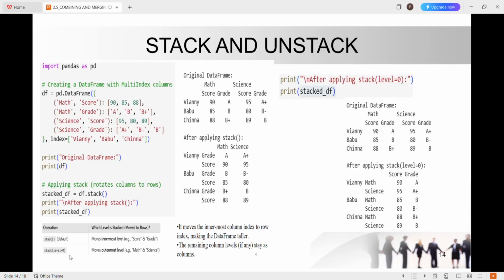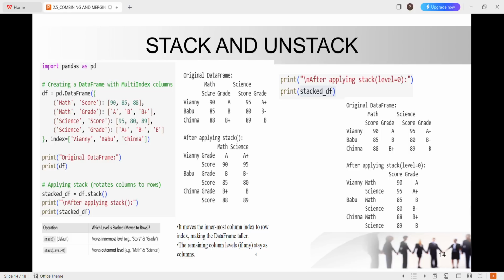Whenever I put stack level equal to 0, it will move the outermost level. What is the outermost level? Math and science. Now we have just given stack, we have not given level equal to 0, so it is going to move the score and grade. So these score and grade, specified in the columns, are moved to the rows.